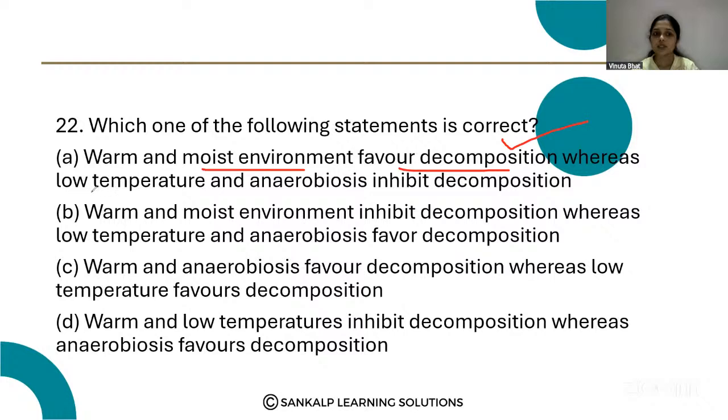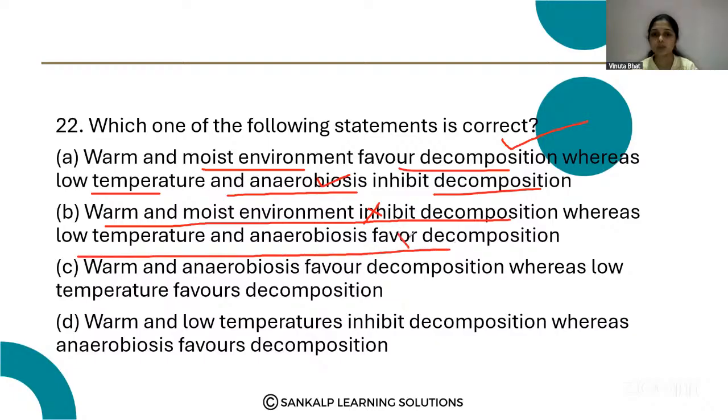And low temperature and anaerobiosis, meaning the absence of oxygen, inhibit the decomposition. Yes, that is the correct statement. Option B, warm and moist environment inhibit the decomposition. No, they promote the decomposition. Low temperature and anaerobiosis favor the decomposition. This is the wrong statement.